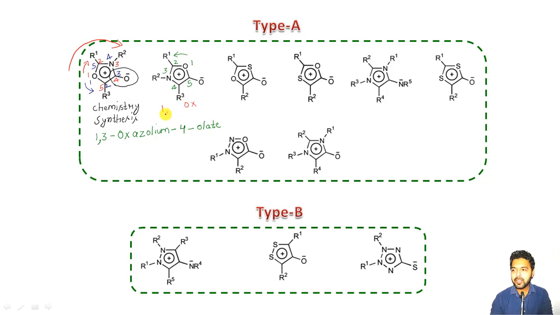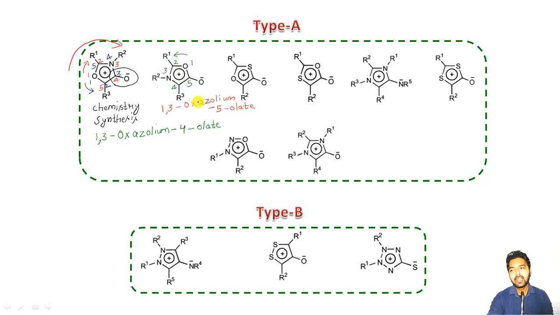On number 3 we are having the aza, nitrogen, or azolium. On 5 I am having my olate. So the name of this second type A mesoionic is 1,3-oxazolium 5-olate. The nomenclature part is quite simple, as you can see here.